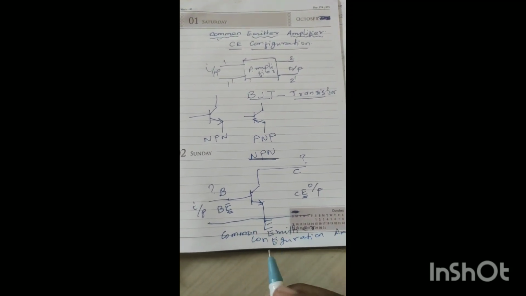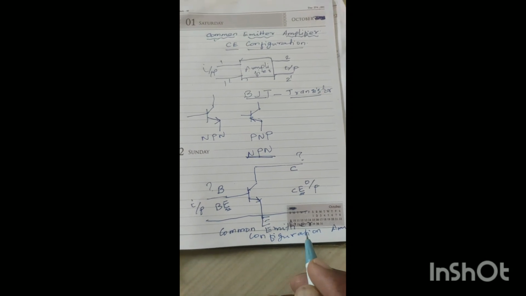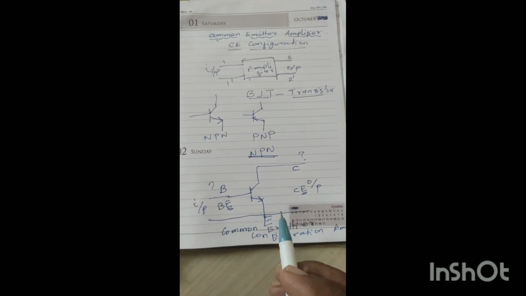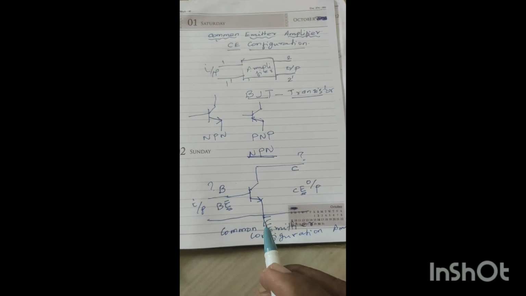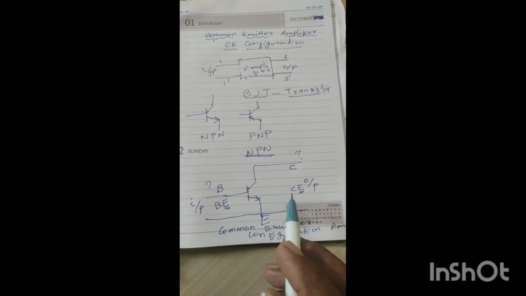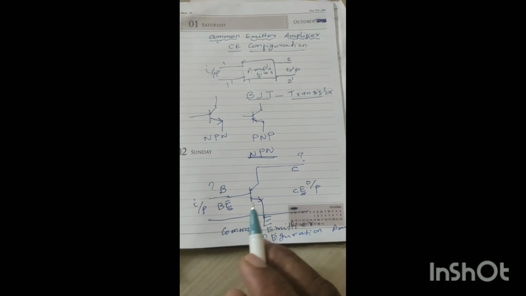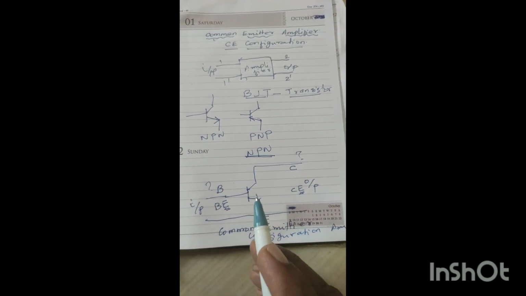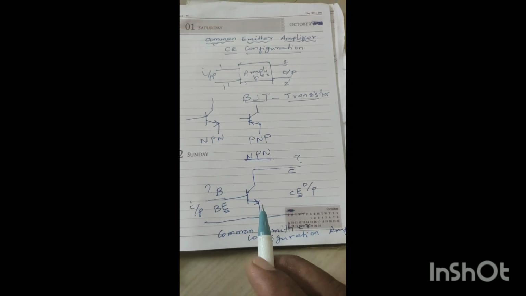Now we see about the configuration. Actually this is also the configuration. That means if you are keeping emitter common, base is input, collector is output, this arrangement is a configuration. This is not the only configuration.